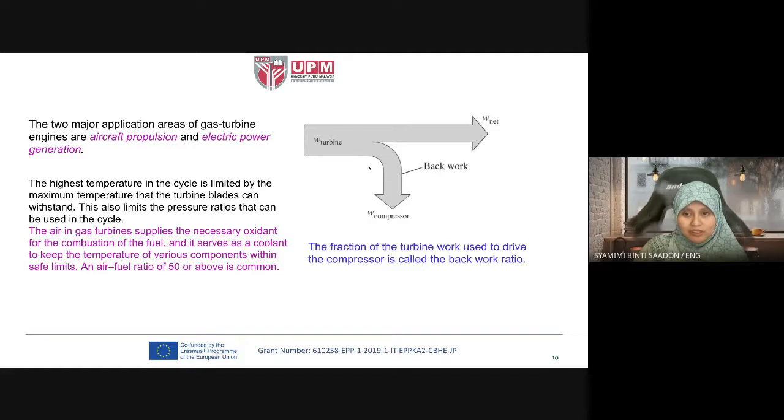Our objective is to produce net power output. Net power output is the power produced by the turbine minus the compressor work that we need to give to the compressor. The highest temperature in the cycle is limited by the maximum temperature that the turbine blades can withstand. This also limits the pressure ratio that can be used in the cycle.